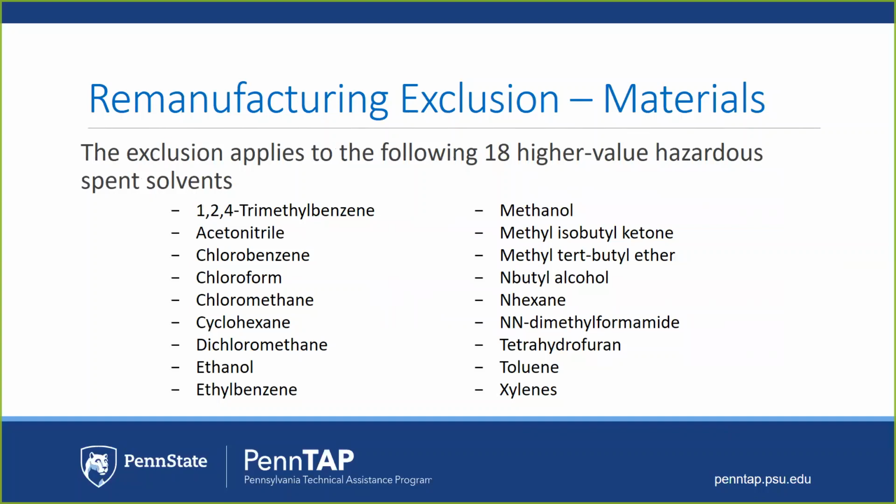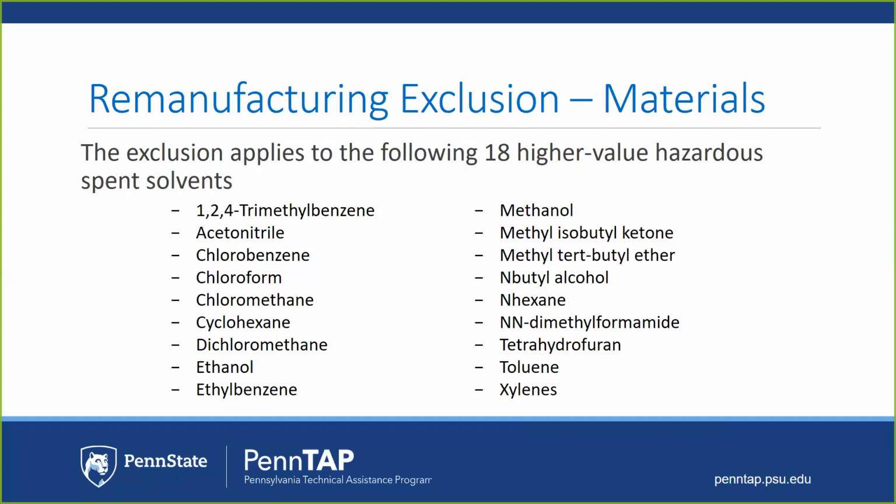The exclusion applies to a particular set of solvents shown here. Processing aid solvents assist in the reaction, extraction, purification, and blending of ingredients and reactive products, but are not themselves reacted. These processing aid solvents, once used, can then be remanufactured to commercial grade again.